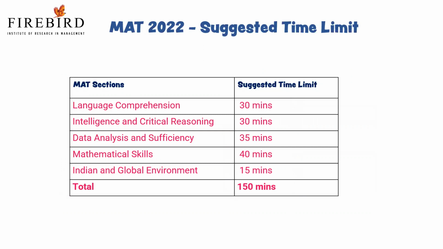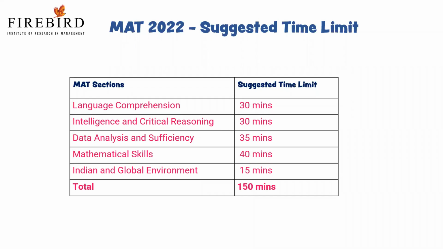Next, what are the suggested time limits? As I told you, you need to attempt those 200 questions in 2 hours 30 minutes. You cannot stay in a single section for more than 40 minutes.